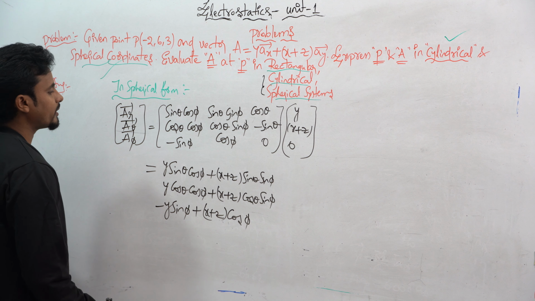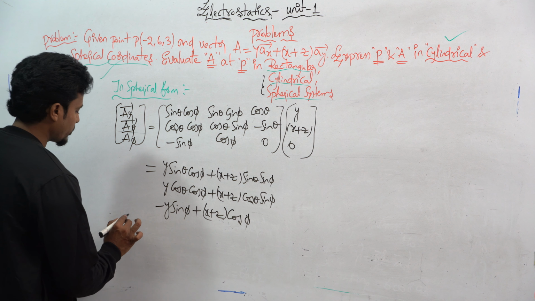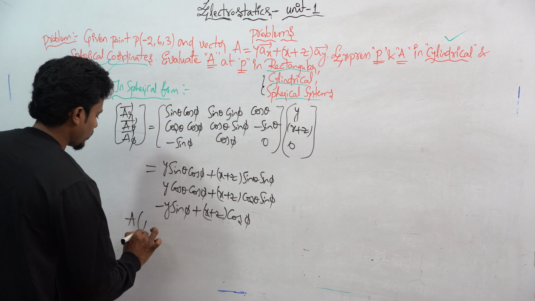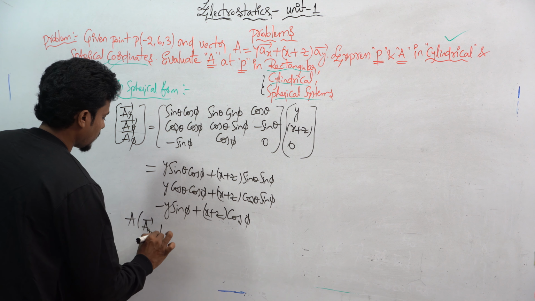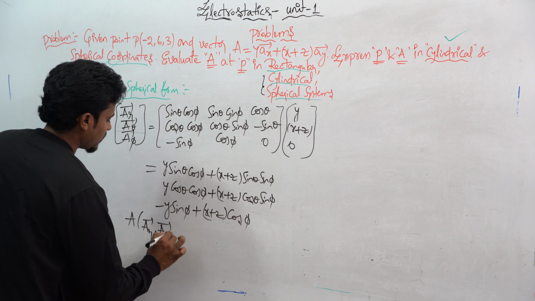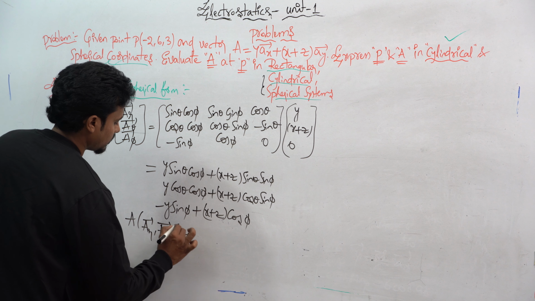Now what you have to do is write your component vectors in the vector form: a_r bar, a_theta bar, a_phi bar.